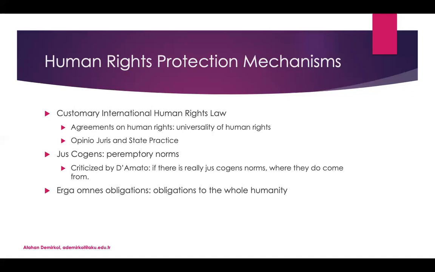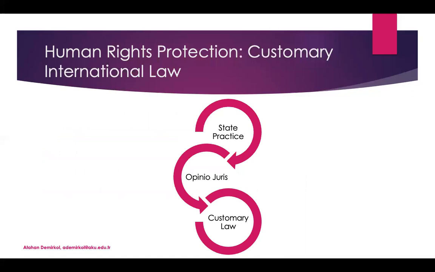And erga omnes obligations are the obligations to the whole humanity, the universal concept, where you have obligations to the whole international community. D'Amato criticizes that if there really are jus cogens norms, where do they come from; he's skeptical about this concept, but most of the scholars accept this concept, so I'm not going to go into details. So here you see that state practice and opinio juris become customary law.